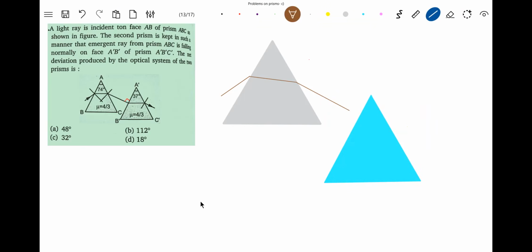You can see this. This is incident normally. It will strike here.